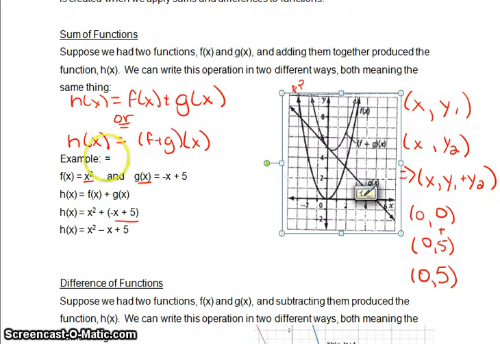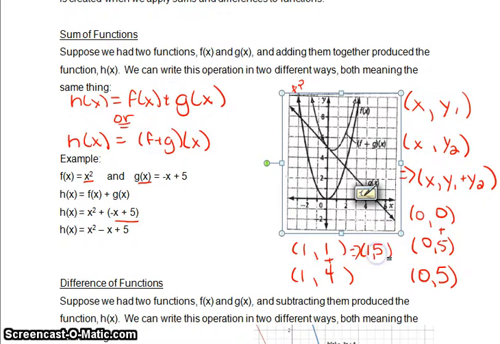If you want to see a second example, let's take x equal to 1. Both of those coordinates are at x equal to 1. So for f of x, we have 1 and 1. And for g of x, we have 1 and 4. What our resulting function is going to be is your x value stays the same, and you add the y values, so it'll be 1 plus 4.